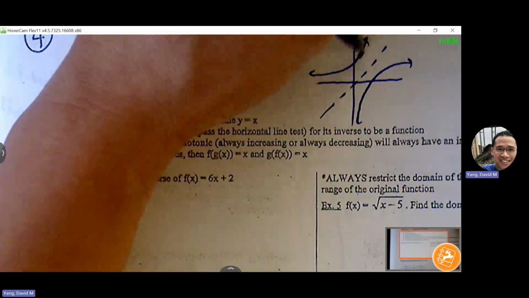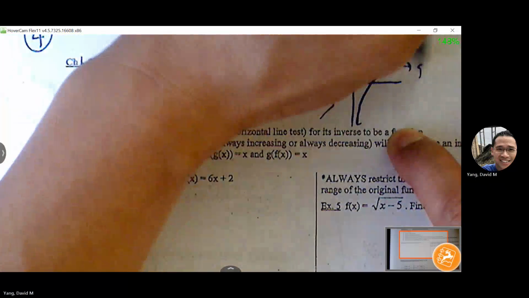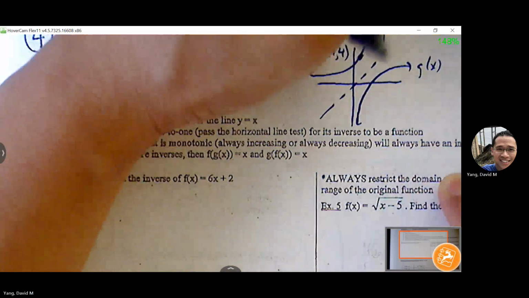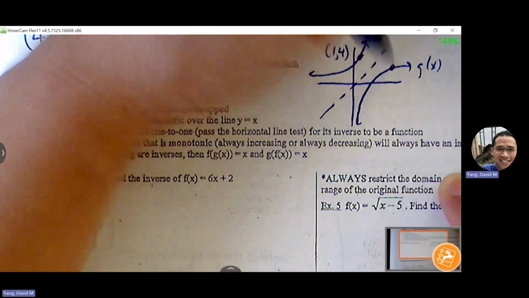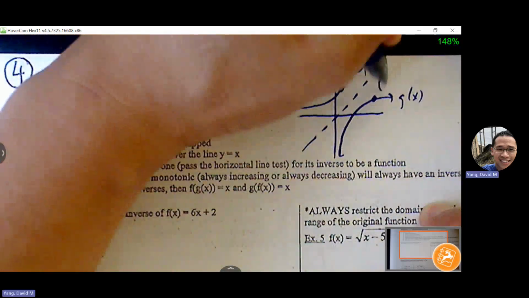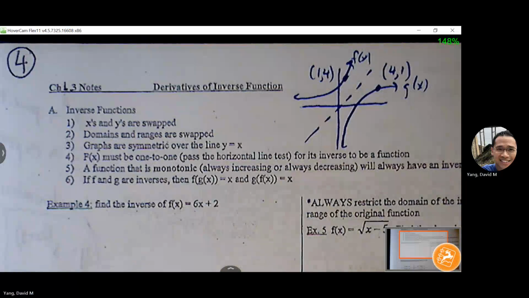So if an ordered pair on a function has (1, 4), guess what ordered pair is going to live on the inverse function? (4, 1). Your x's and y's will be flip-flopped.